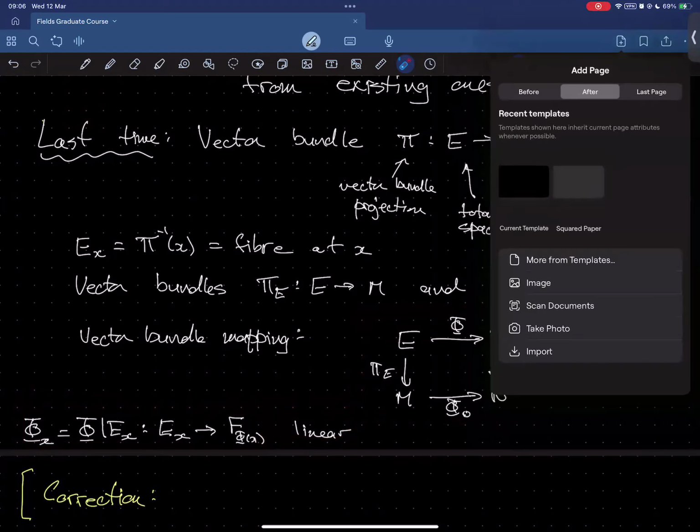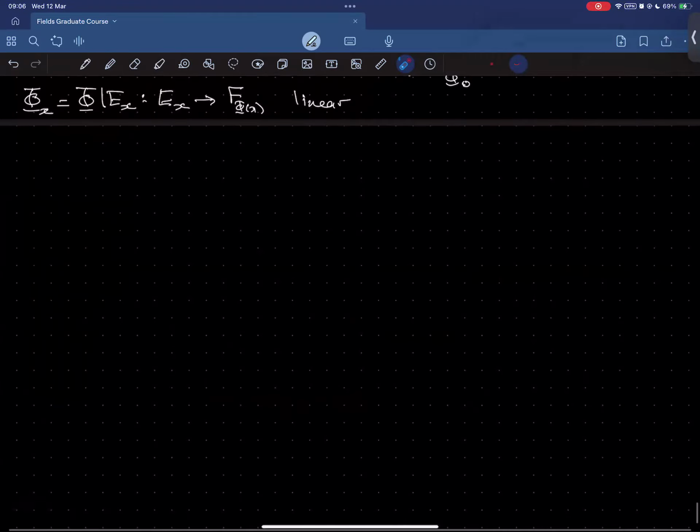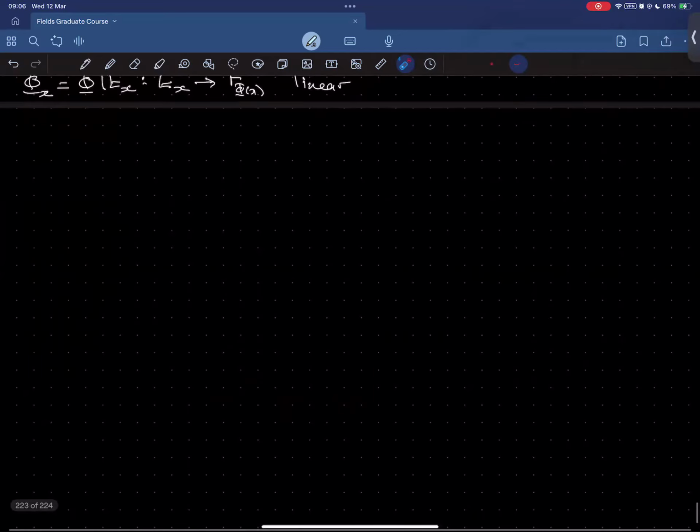And so today, what we're going to do is talk about various constructions of new vector bundles from existing vector bundles, okay? And there's a variety of ways of doing this.